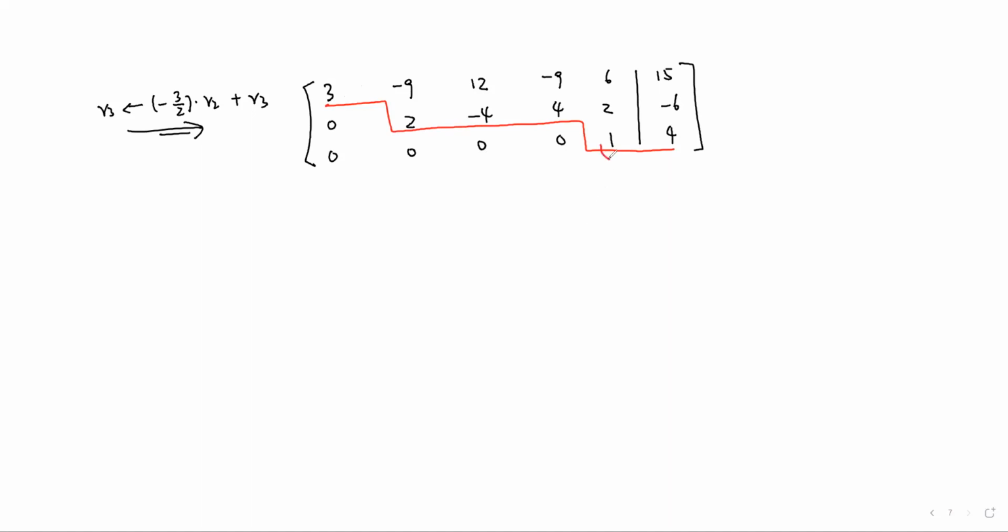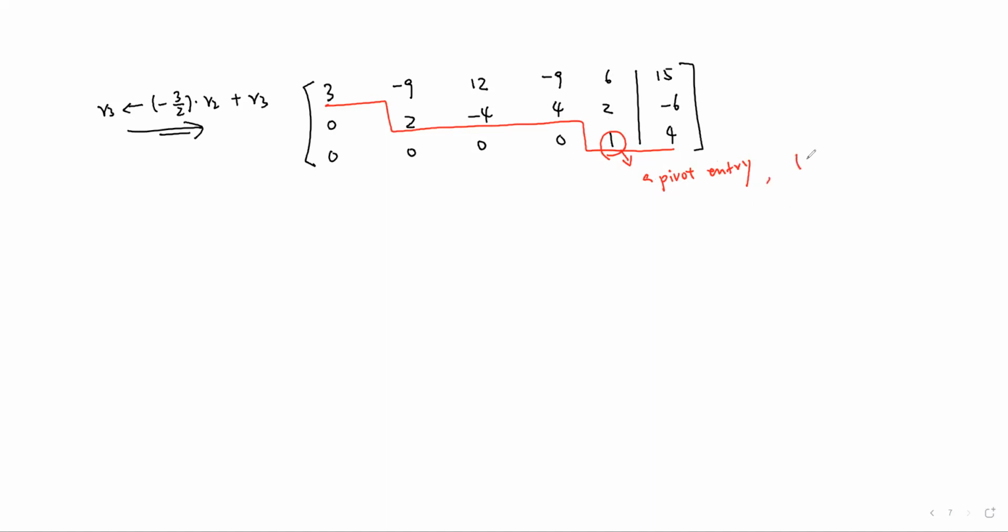About this entry, we still consider it a pivot entry. Why? If there were numbers below it, we would use it to do elimination, and we also use it to create zeros above. So this is still a pivot entry.